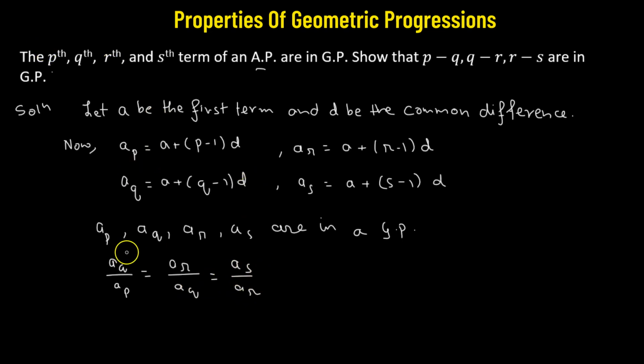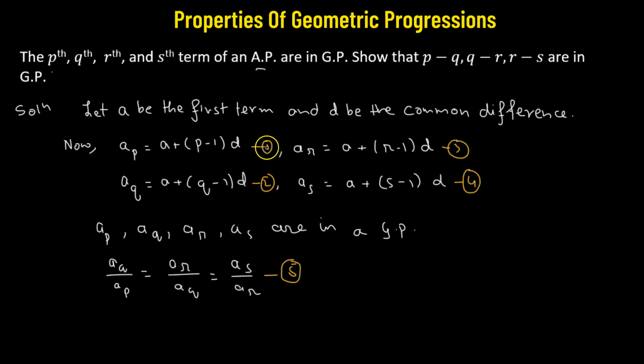So this is a condition for 4 numbers to be in a geometric progression. Let's label each of the equations. Let this be equation 1, this will be 2, and we have equation number 3, equation number 4, and we'll be using this condition a little while later. So this is number 5.